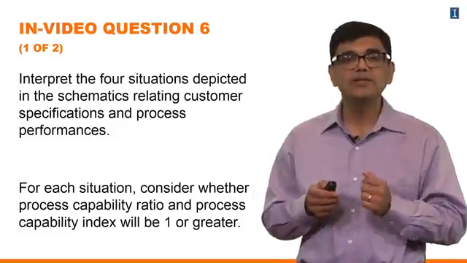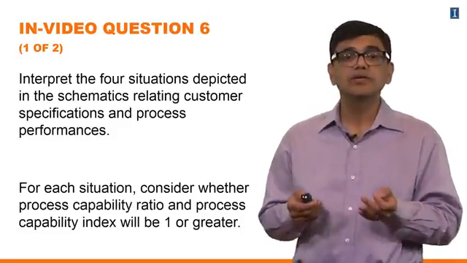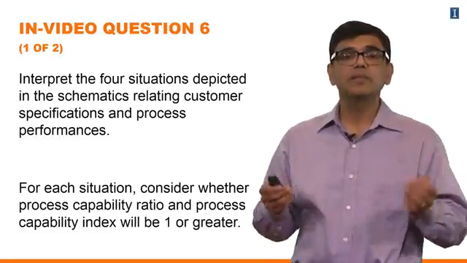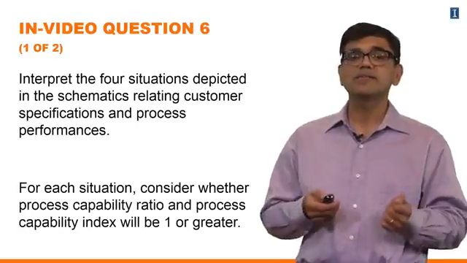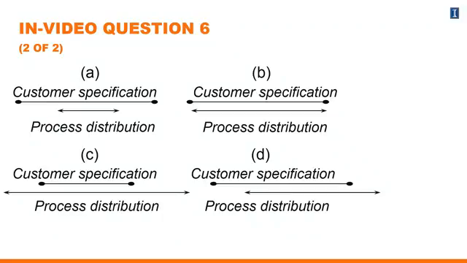For each situation, just think about what it's telling you in terms of whether this process is going to be capable, or whether the process capability ratio and the process capability index will be 1 or greater in each of these cases, simply based on looking at these pictures. No numbers here, simply looking at pictures and being able to say whether the ratio and the index are going to be 1 or greater in each of these cases. So take a look at these pictures now.